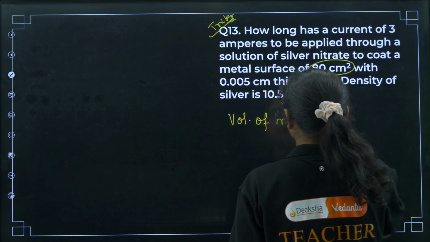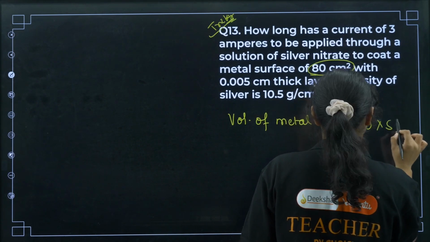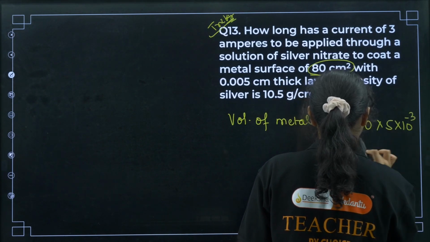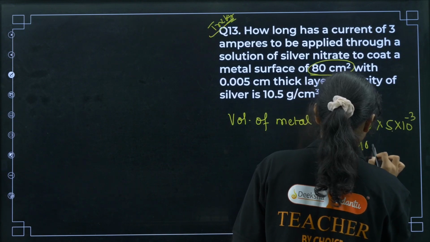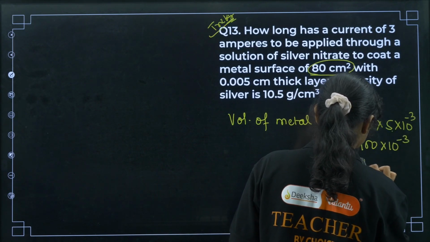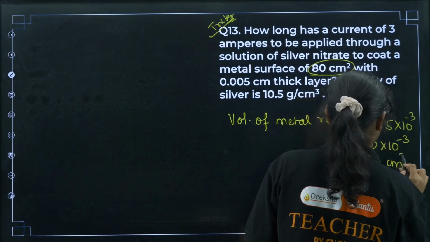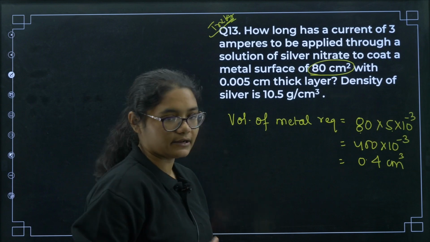That will be area into height, so it is 80 into 5 into 10 to the power of minus 3. So 400 into 10 to the power of minus 3, that is 0.4 centimeter cube. This is the volume of the metal required.